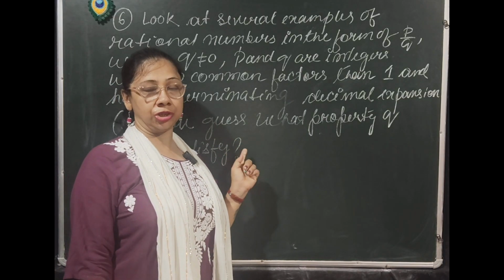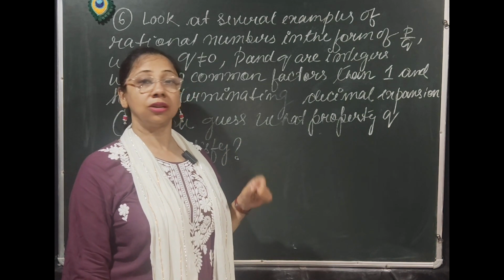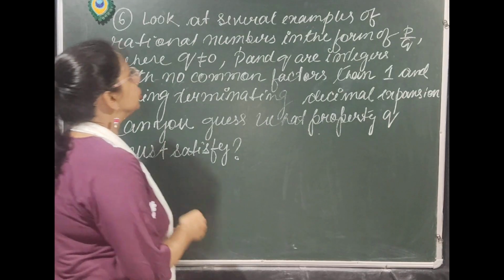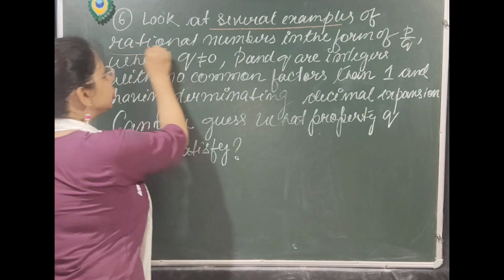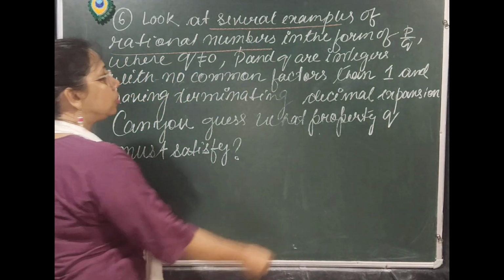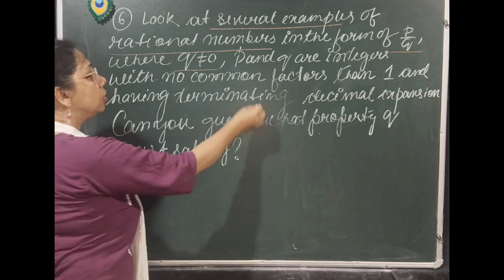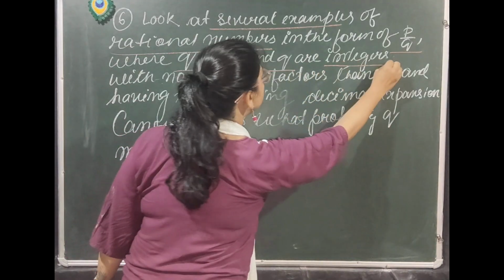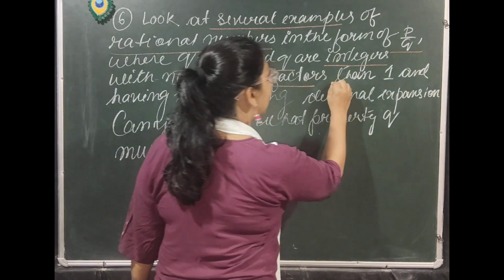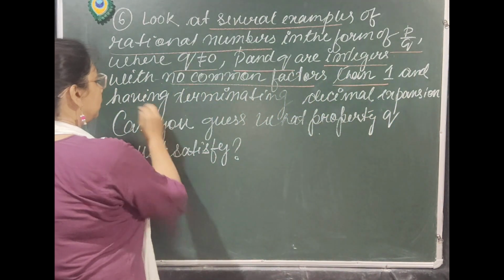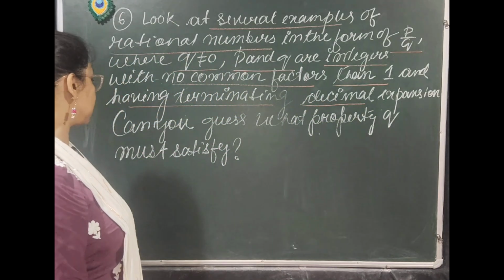This is the most interesting question in the entire chapter, you could say. So let us discuss the most interesting question. Look at the several examples of rational numbers in the form of P by Q, where Q is not equal to 0 and P and Q are integers with no common factor other than 1, and having terminating decimal expansion.